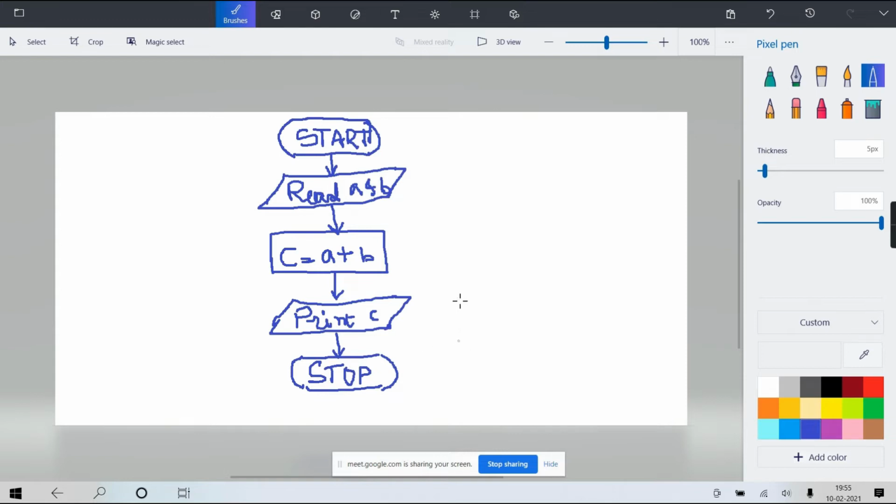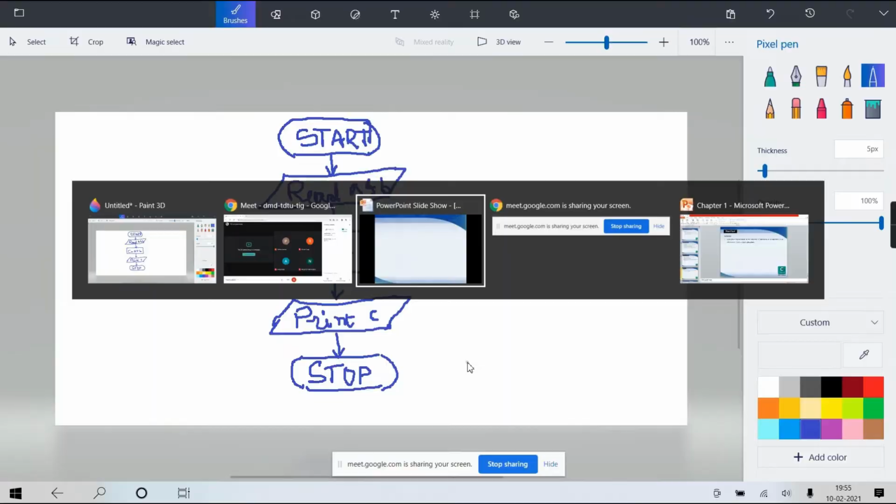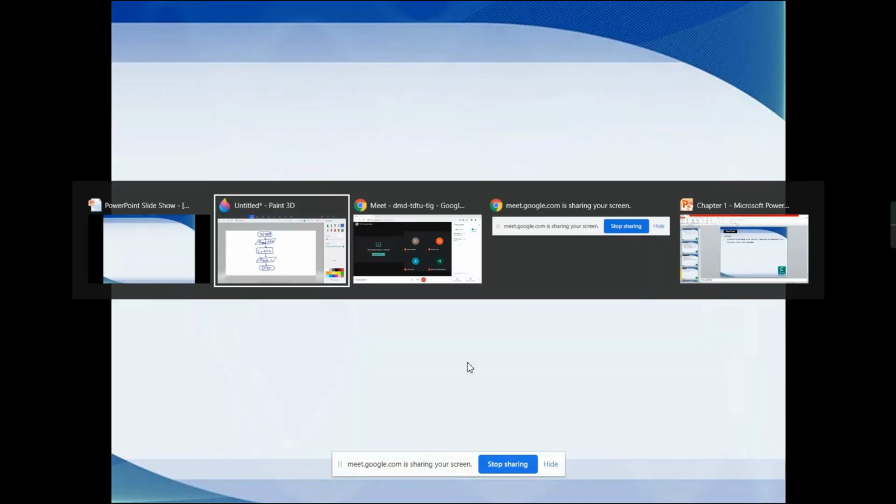I hope it is clear. This indicator tells that your flowchart is starting. Then this symbol itself tells that you are reading something, so you are reading A and B. This is a calculation, so you are adding these two things and storing in C. This is again a printing block, a parallelogram, so you are printing that result and then stop. So for your reference, you can draw. You should have practice of everything.